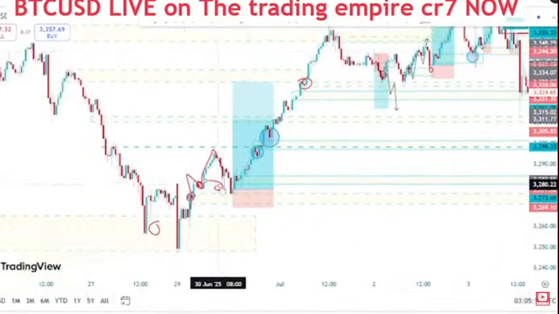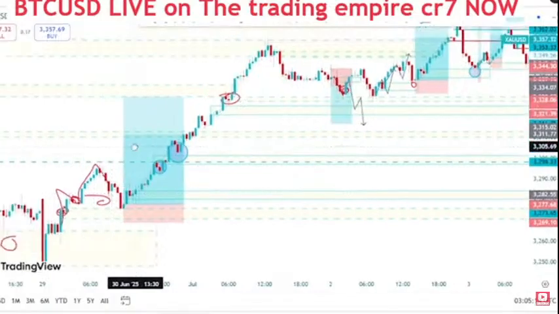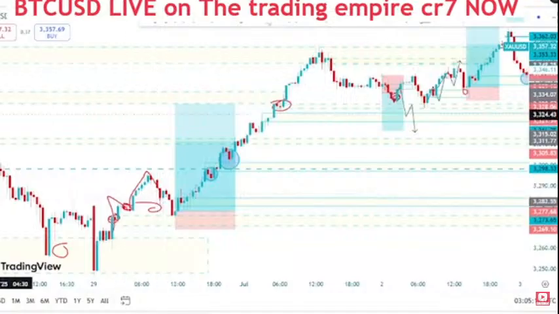Okay, we took a buy from this area. This was the one that I talked about in the beginning. This is the loss one. Okay, one win.